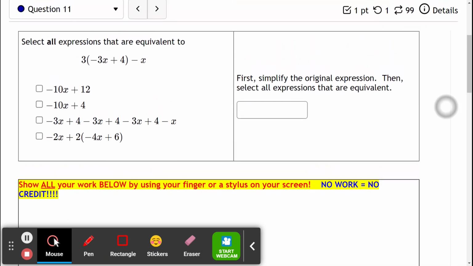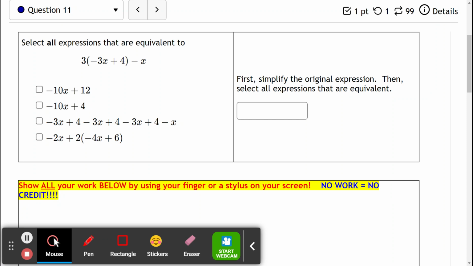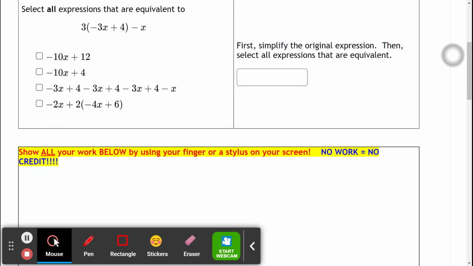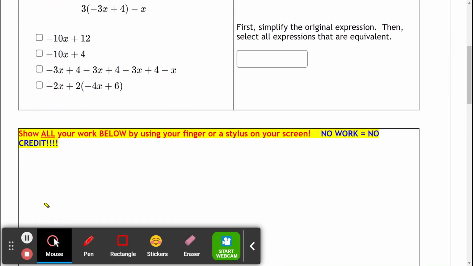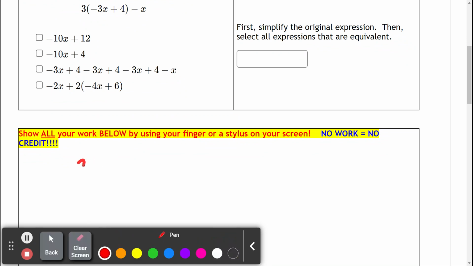All right. We have this one here where we have to simplify question 11. So we have 3 times -3x plus 4, minus x. If you distribute, 3 times -3x is -9x.